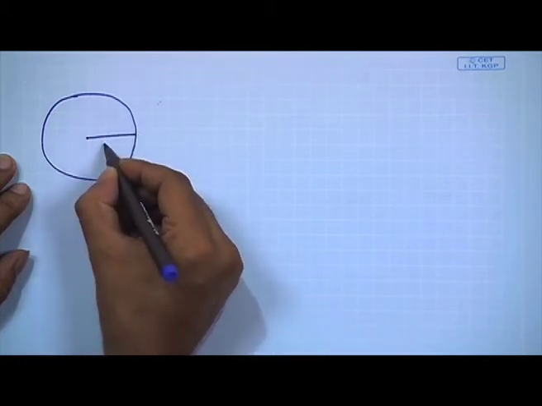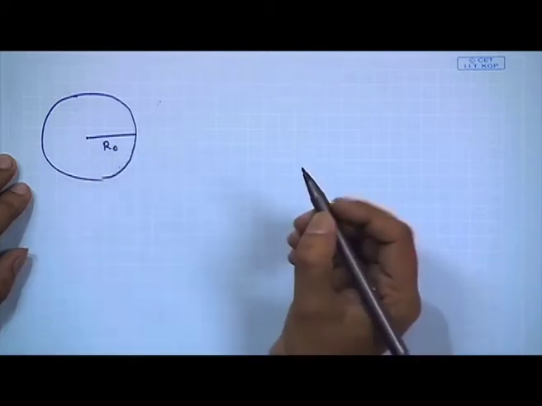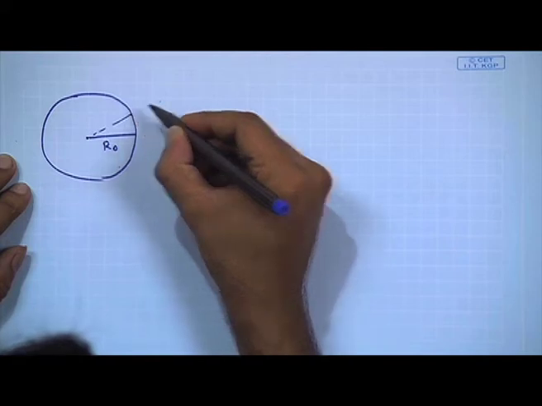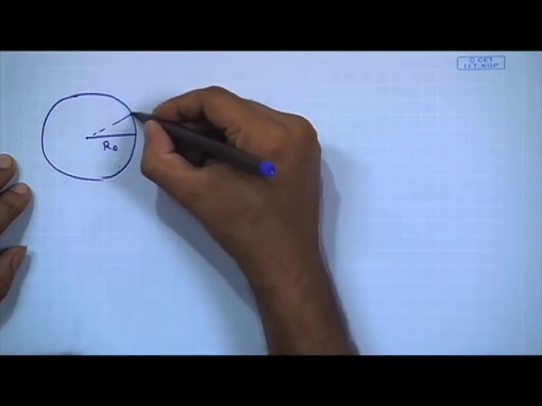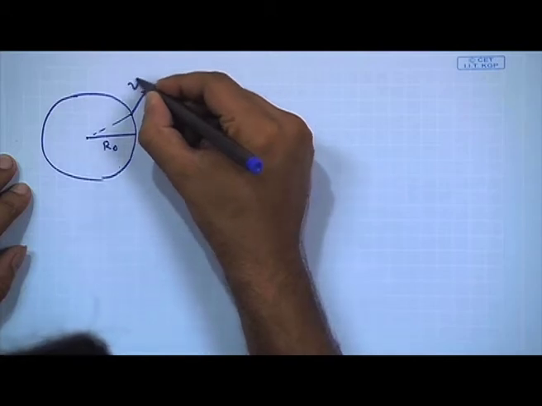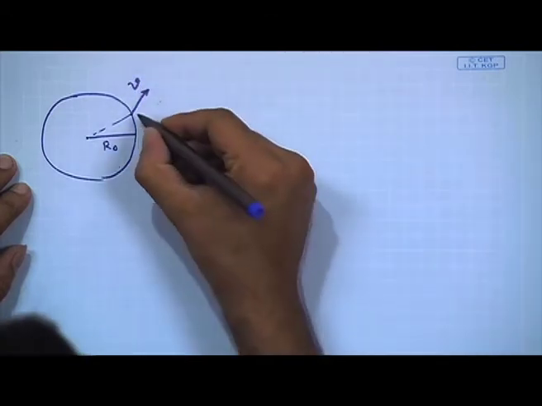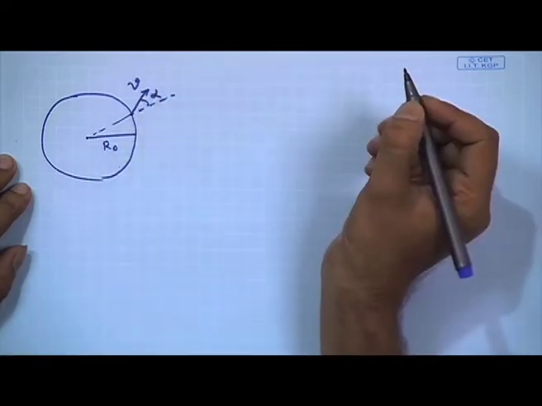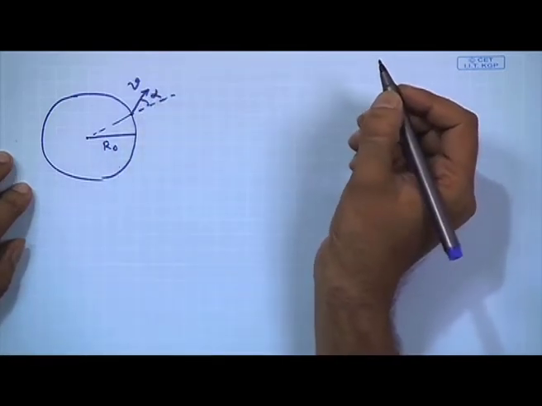So, this is my radius of earth, which is r0, and some point on earth, okay, we are firing a rocket at a velocity v with an angle alpha with the horizontal direction.